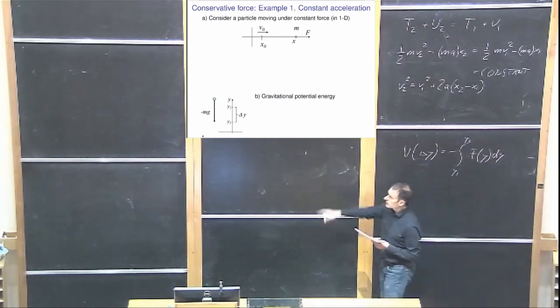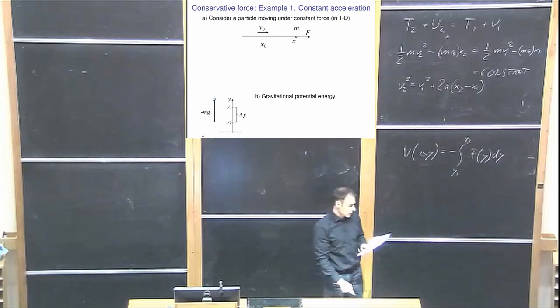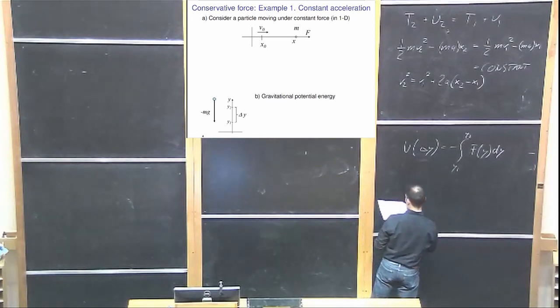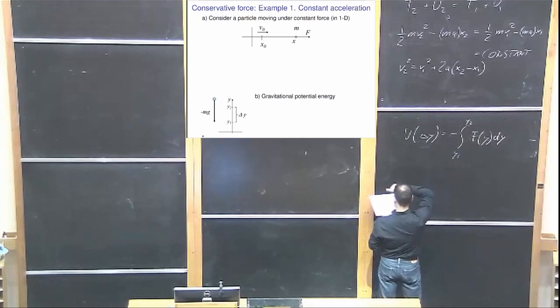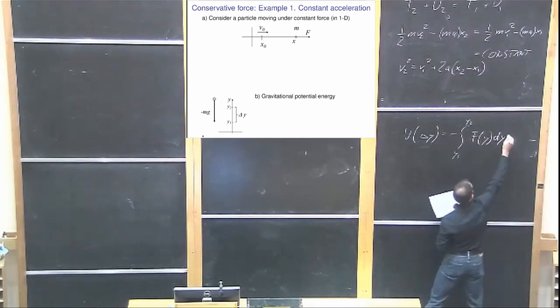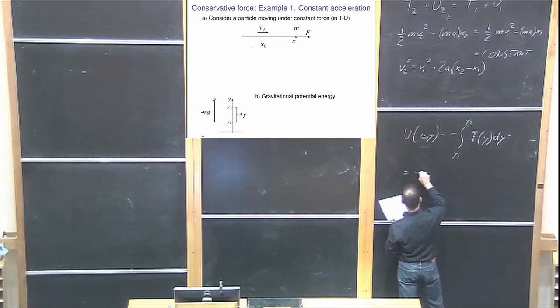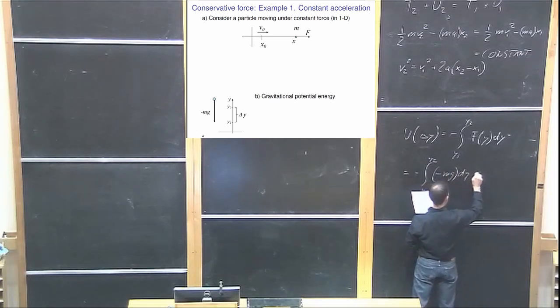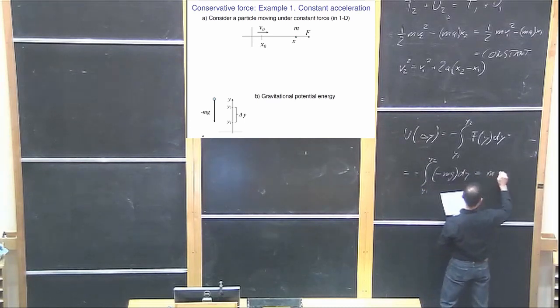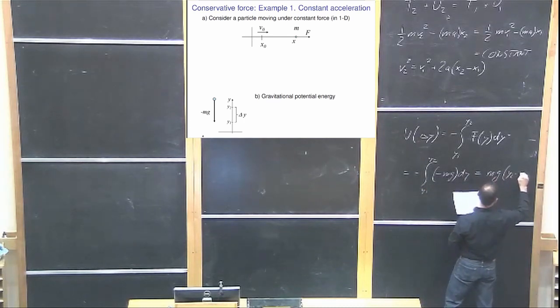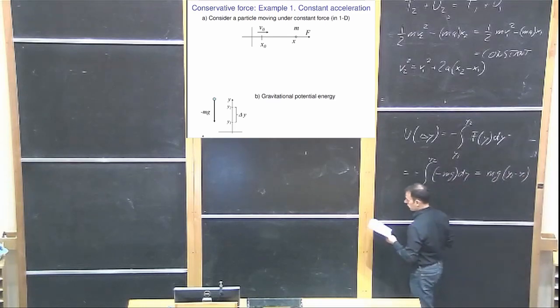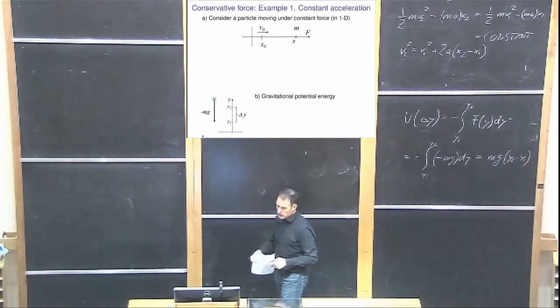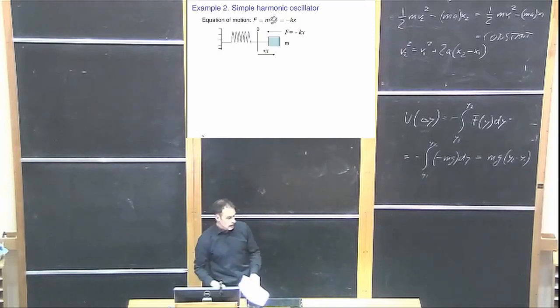This time the force is vertical along the y-axis. That's why we integrate with respect to y, equals minus the integral from y1 to y2 of mg dy, because it's pointing into negative direction, and that's mg (y2 minus y1), and I hope nobody is surprised. So this is kind of the simplest example which we have.